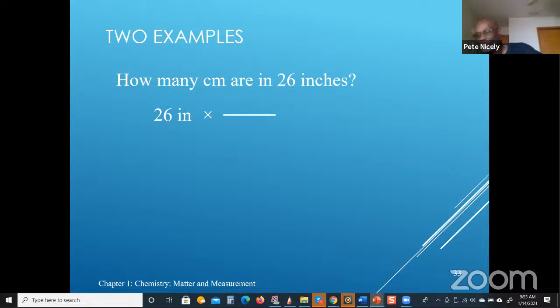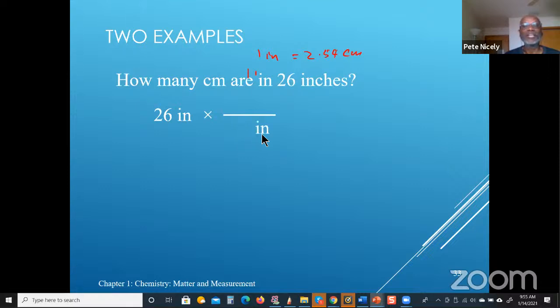Now, we already know from the previous slide that 1 inch is equal to 2.54 centimeters, right? So this begs the question, what would go up here as a numerator and what would go down here as a denominator? And since you have the inch unit here and you want to cancel it, then the 1 inch would appear down here, right?